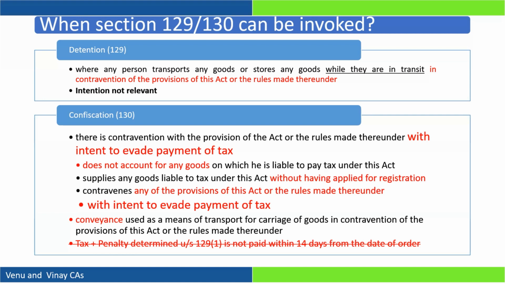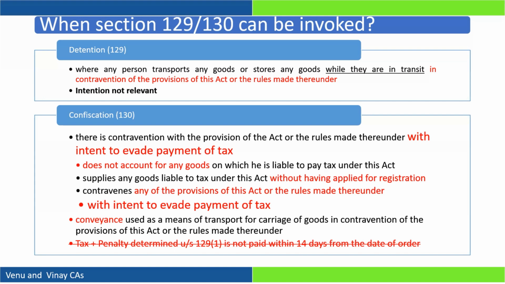The burden to prove that the tax exists, that the levy exists, is on the department and not the taxpayer. However, if the department is saying something, the burden is on the department, but the onus to prove will also shift. If the department says, here is the reason why I am levying, then you have the onus to prove why the levy will not happen, right?